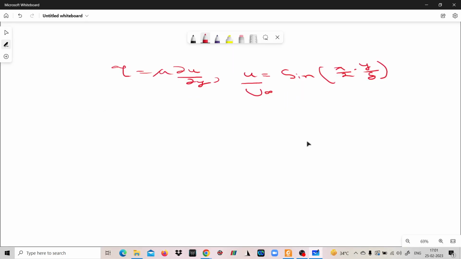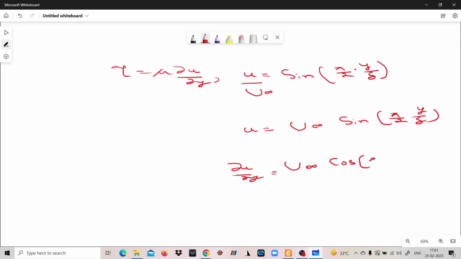Now, from this, what will be the value of u? Value of u is u infinity into sine pi by 2 y by delta. So what will be del u by del y? Del u by del y is u infinity cos pi by 2 y by delta into pi by 2 delta.